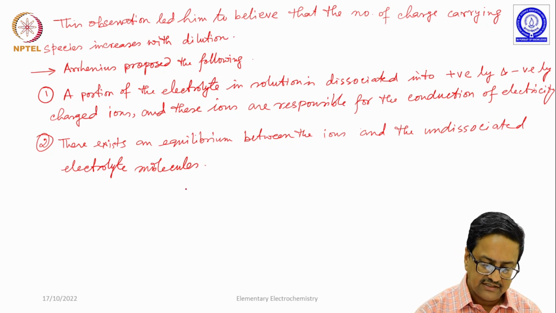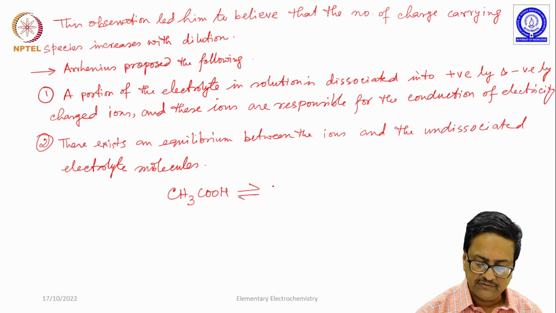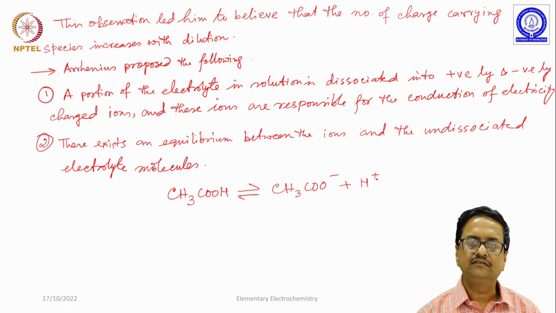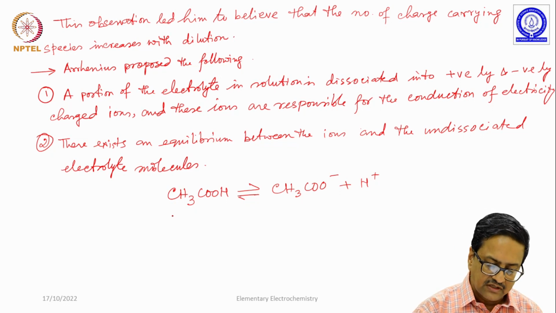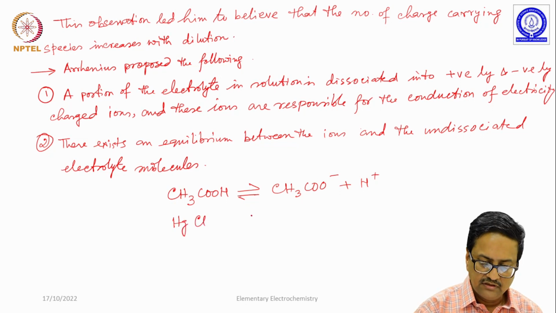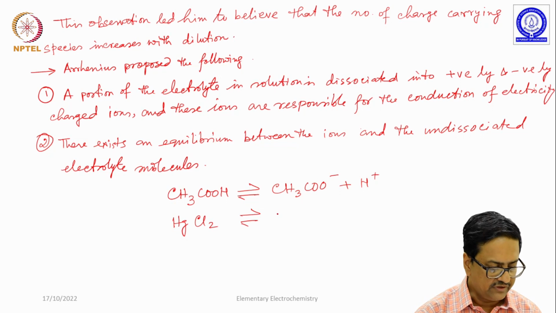So, what he essentially meant is that, for example, if it is acetic acid, in solution it remains in equilibrium with CH3COO minus and H plus, that is the two ions that acetic acid generates. Similarly, mercury chloride remains in equilibrium with Hg2 plus plus 2Cl minus.